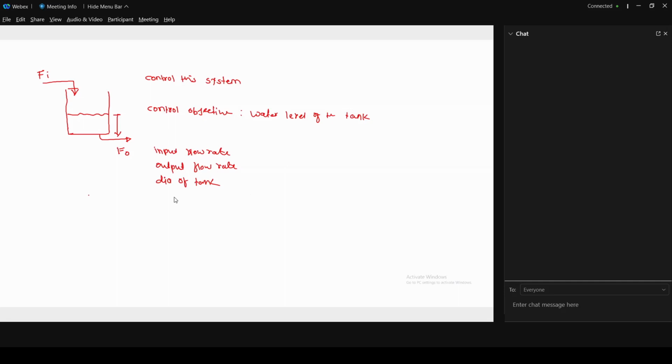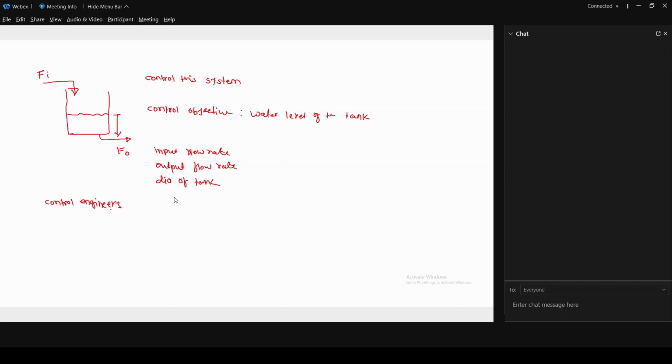Okay. So let me tell you, control engineers come at the end. Whenever the design of the system is fixed, then the control engineer enters, and then he tries to design the controller.